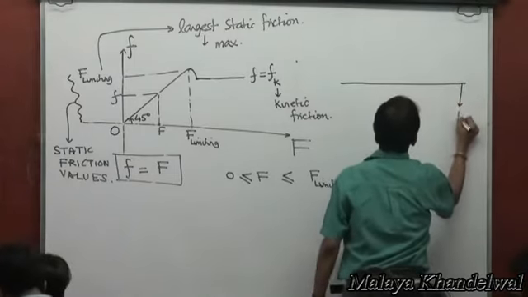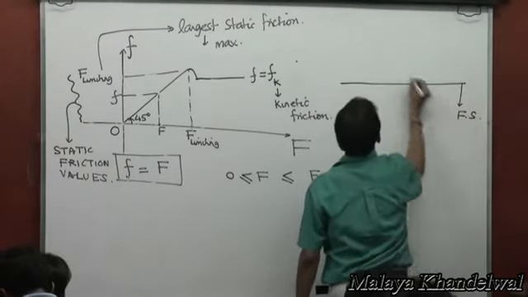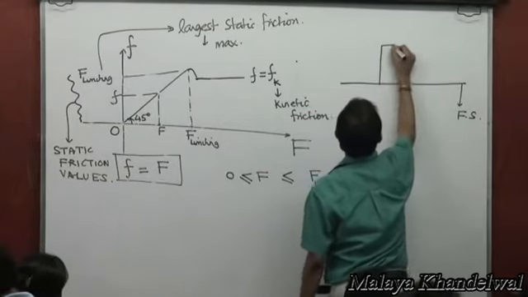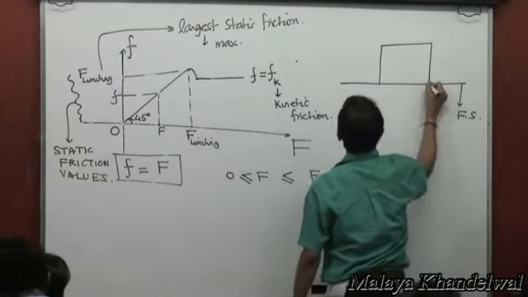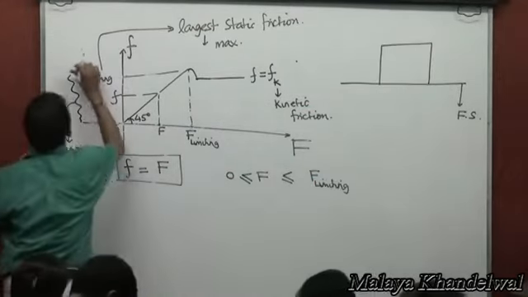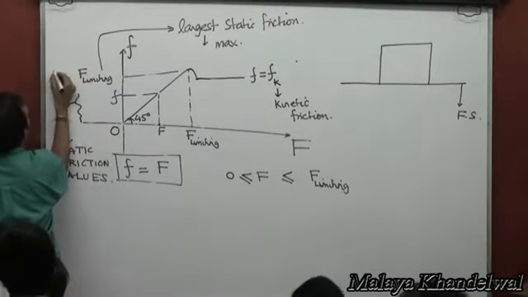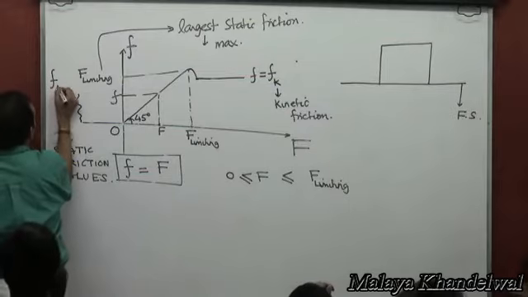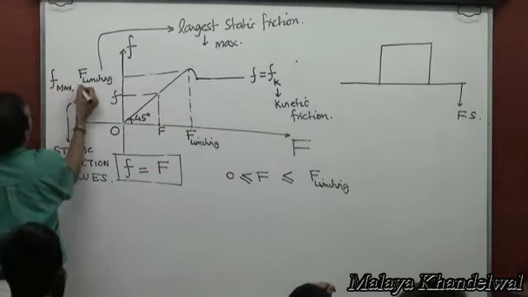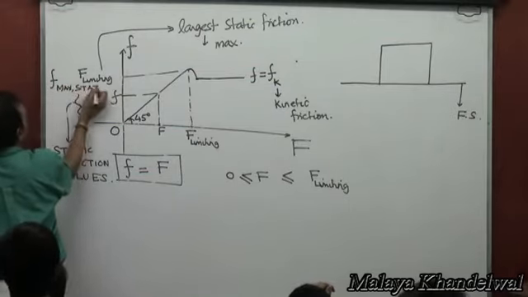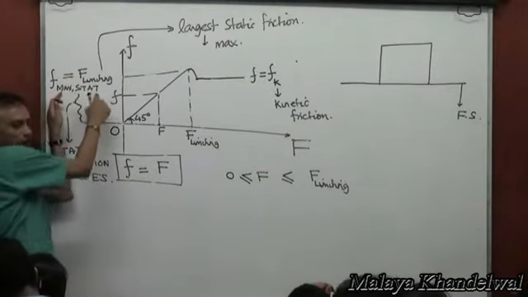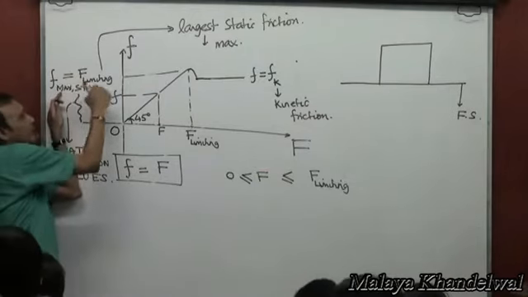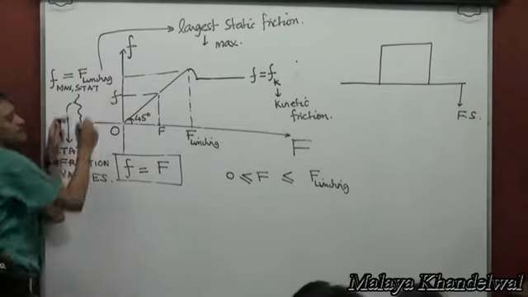Let's say there is a fixed surface. This F limiting is commonly written as F max stat, the maximum value of static friction, small f, maximum static.